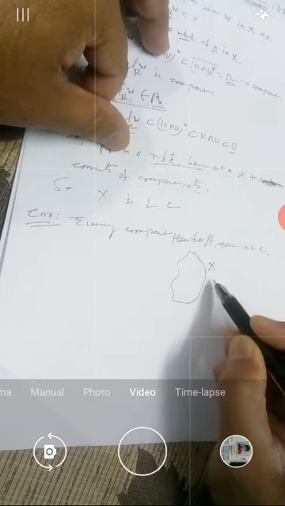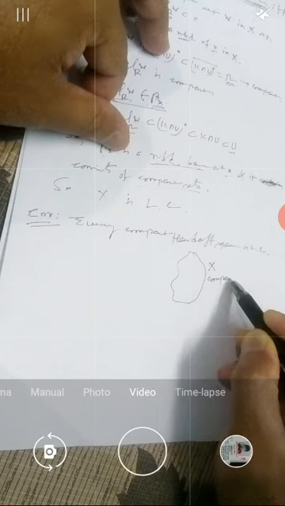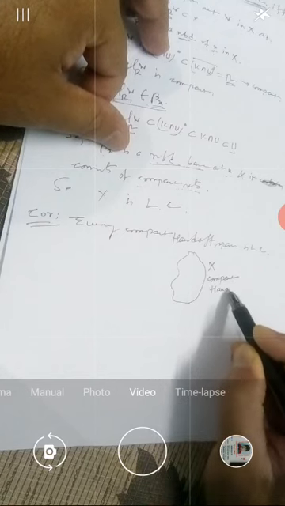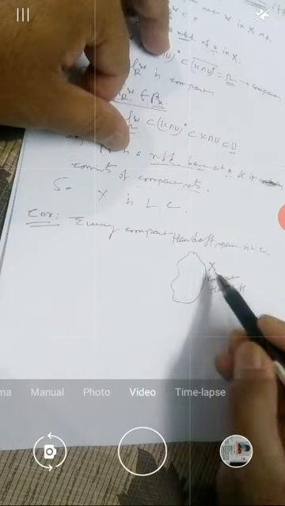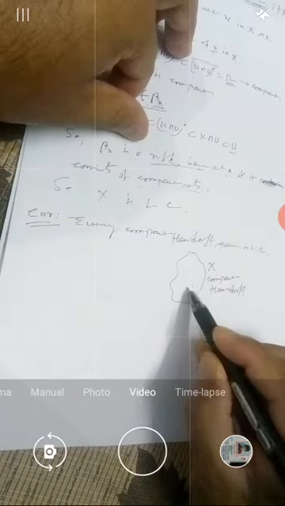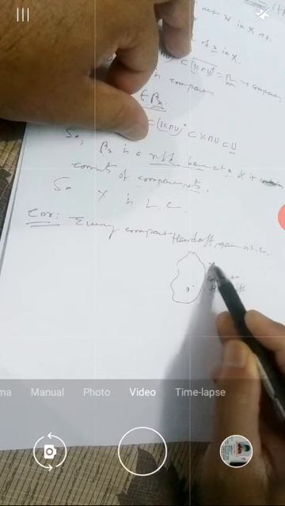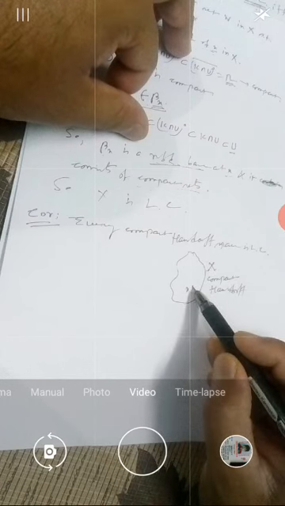Why? Very easy. Because say this is a compact Hausdorff space. The whole set is always open, so the whole set is always a neighborhood of any point of it. So take any point small x. Then this capital X is a neighborhood of x, and it is compact.